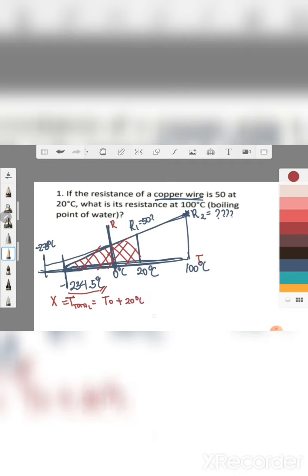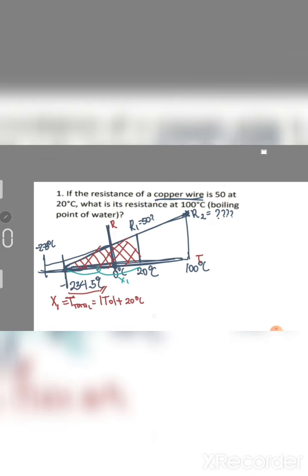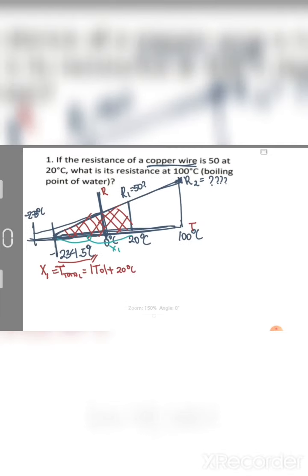This will be your x1. Take note that we use the absolute value of your TO because we made it outside of a triangle, right? So therefore, we have a value equal to TO plus 20 degrees Celsius. That is our x1.